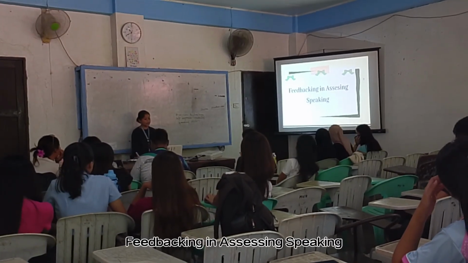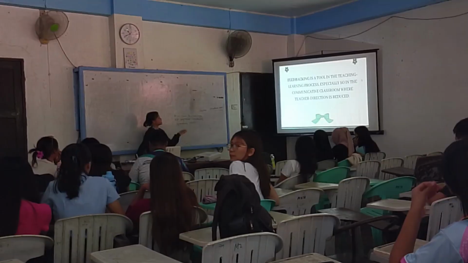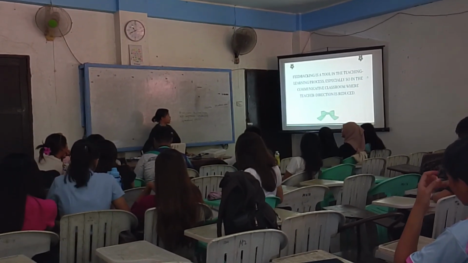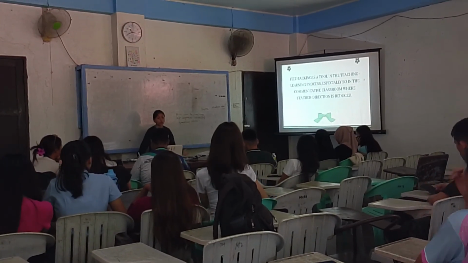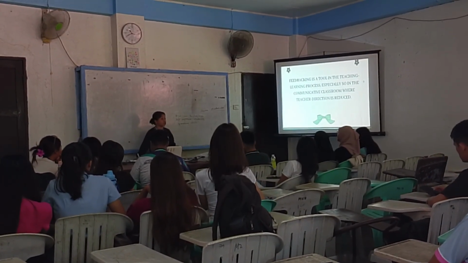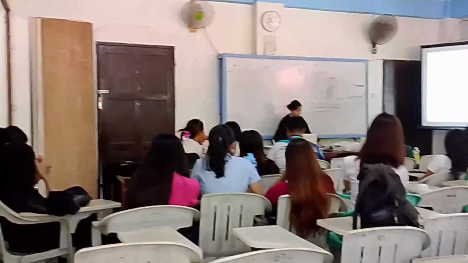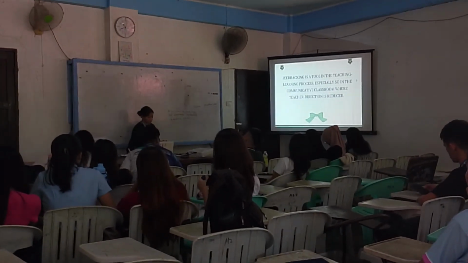The feedbacking in assessing speaking. Feedbacking is a tool in the teaching learning process, especially in a communicative classroom where the teacher direction is reduced. So meaning, this is student-centered. It is a crucial tool in the teaching process, particularly in a communicative classroom, where the students are encouraged to engage in meaningful interactions and teacher direction is minimized.